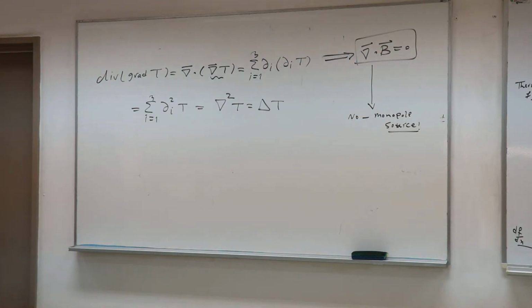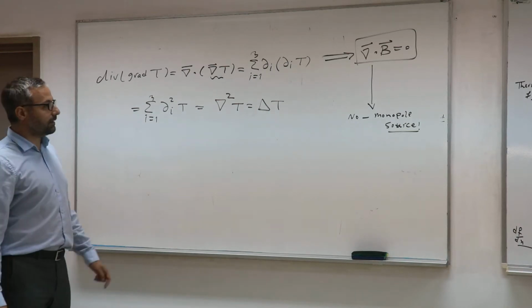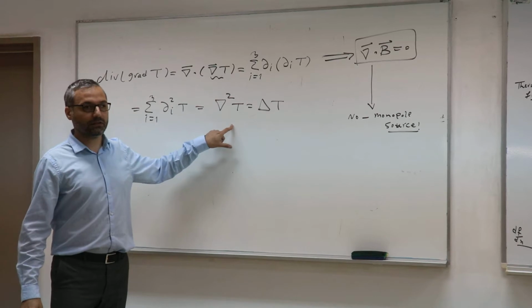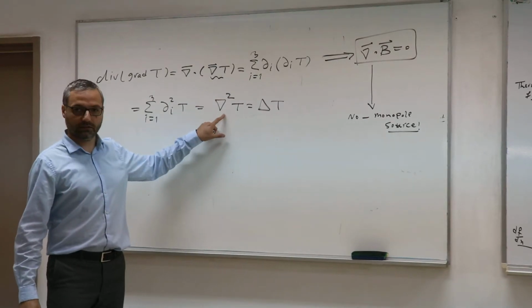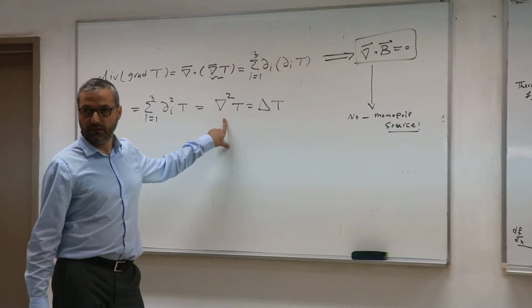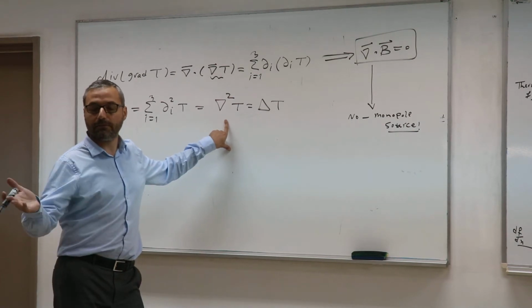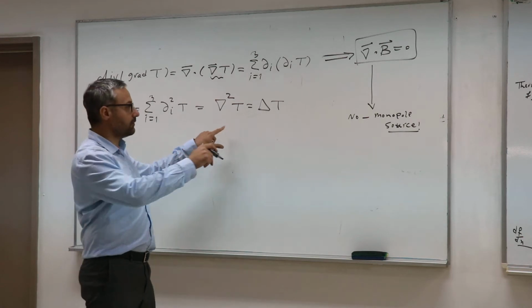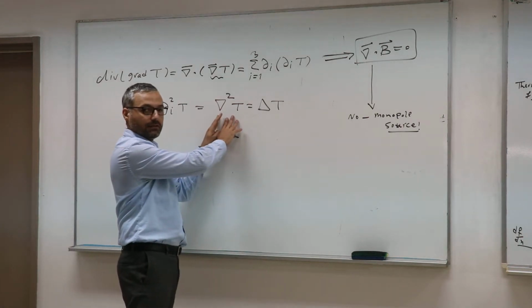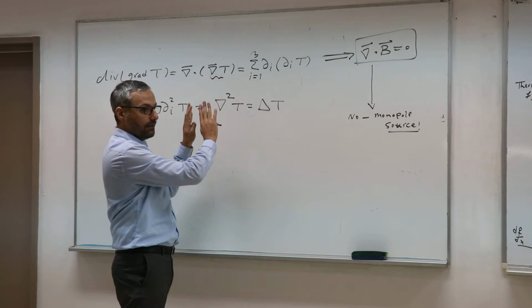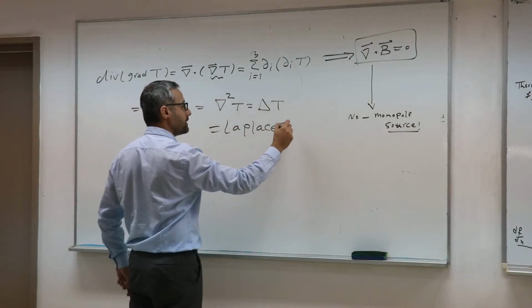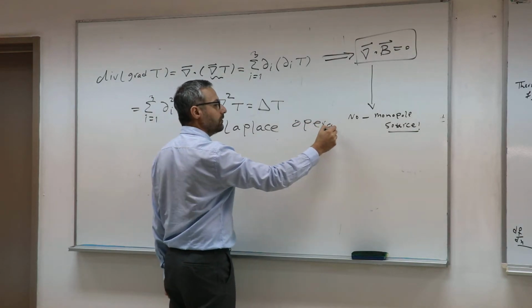So I told you that a wide range of study in mathematical physics is about the solution of this equation, the Laplace equation. The Laplace equation is the most important equation in the whole of physics, actually. For that reason, there is a branch of applied mathematics called potential theory. That's why I told you I can talk for two semesters just about the solution of these equations in different areas. We call this the Laplace operator.